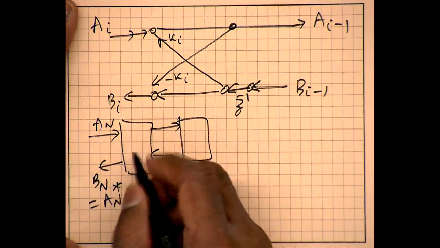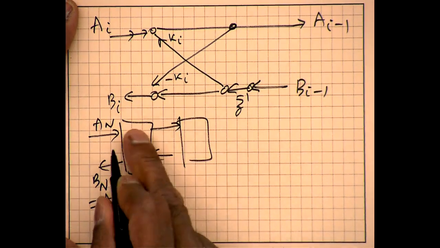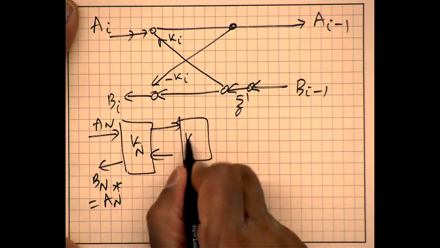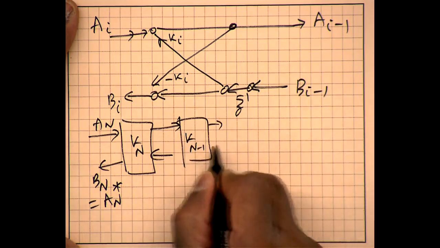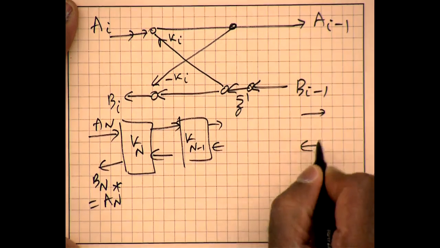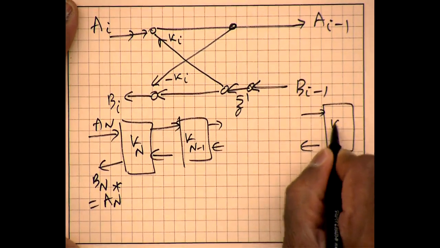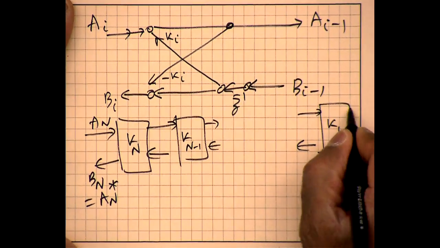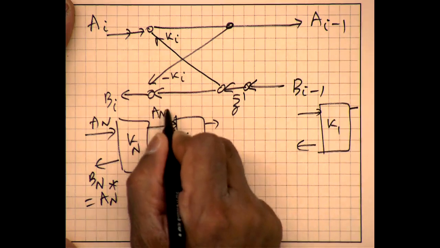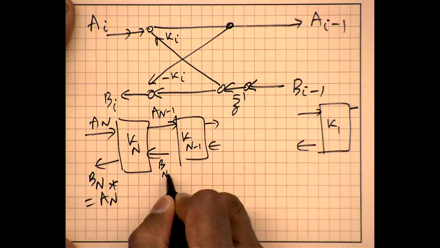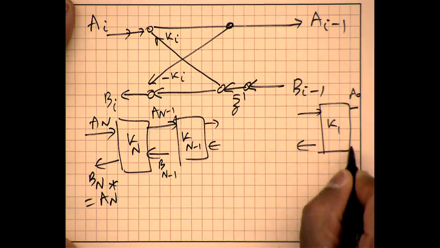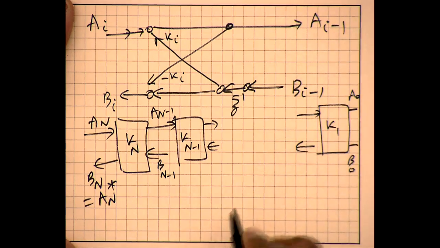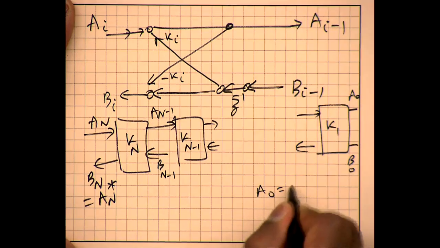Remember in the FIR case, we had k1, k2 increasing to kn. Here we are going through the other way. At the end of this, we will have k1. This is An minus 1, Bn minus 1, and this is A0 and B0. Remember A0 equals B0 equals 1.